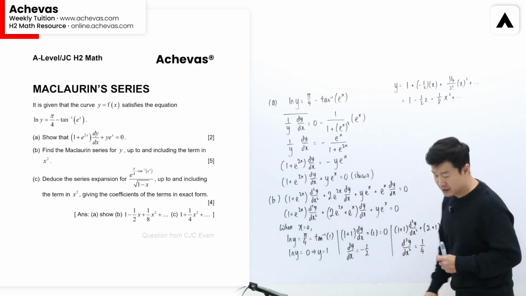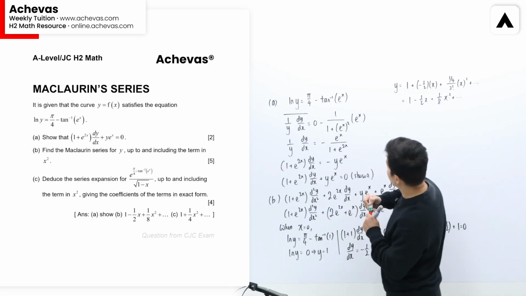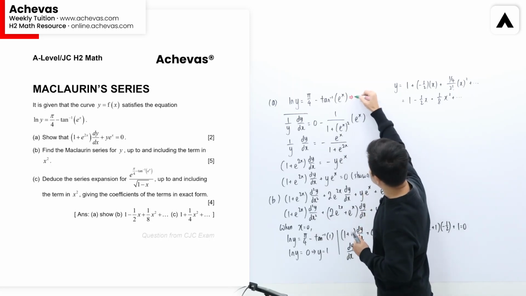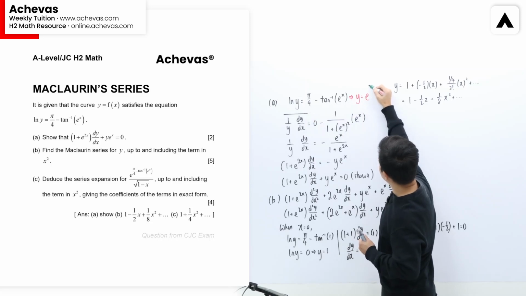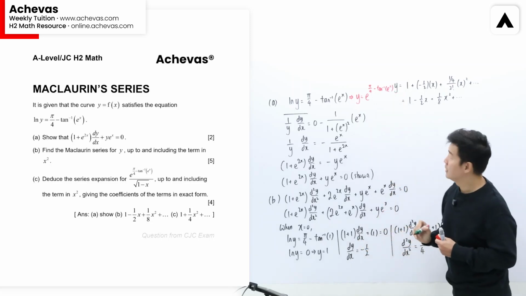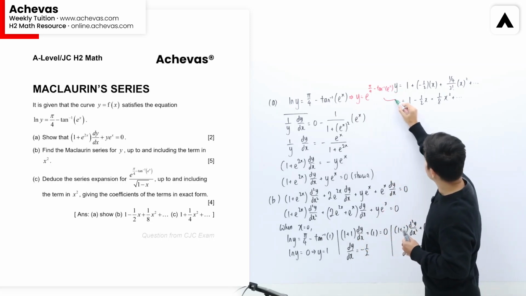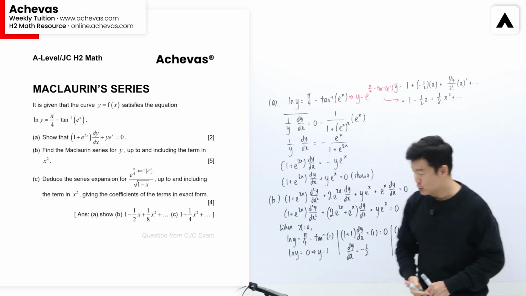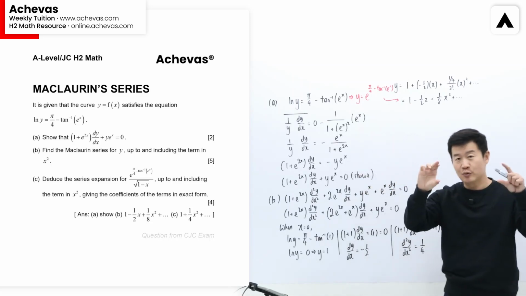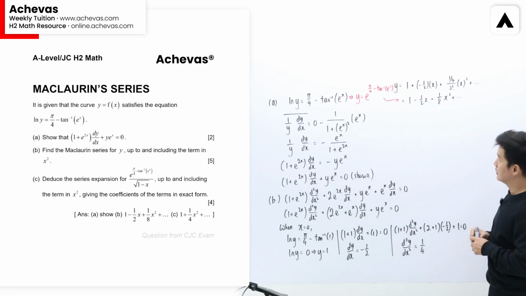So to make use of the previous part, I guess we can take a look at this. From what we can see here, if I were to make y the subject, y will be e to the power of pi over 4 minus tangent inverse e to the power of x. So this is going to be equal to this expression over here. This will give us a chance to try to rewrite the numerator into a polynomial form.